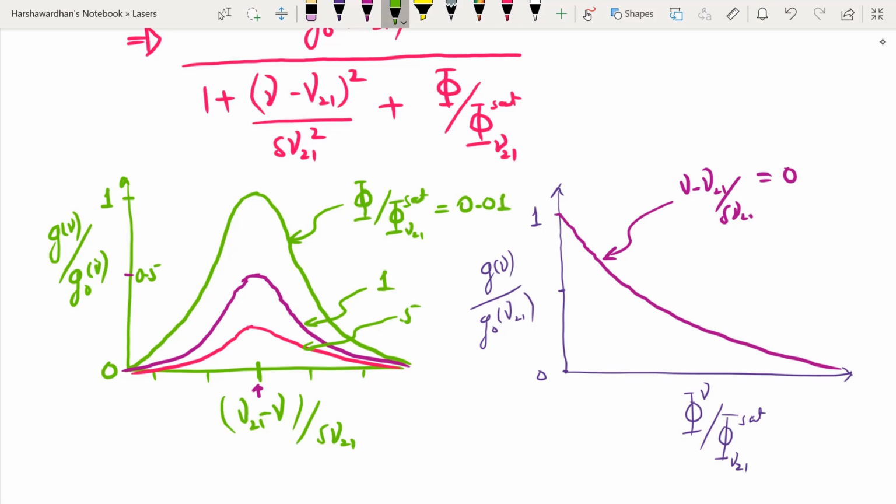Similarly, let's say you started at a detuned position. For example, nu minus nu to 1 is plus minus 1. You can start from 0.5 and you would decrease. Similarly, as you go further away from resonance, you will go even lower. So you see that this would be for various values of this parameter.